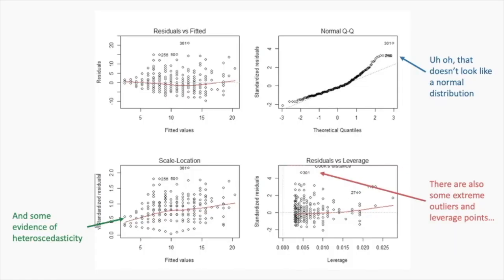So we print out the 4 plots, and we're starting to see maybe some problematic patterns. In the first one, the residuals versus fitted, we don't have a huge issue with linearity per se. The line is fairly straight, but we're starting to get some hints of maybe some problems with homoscedasticity.